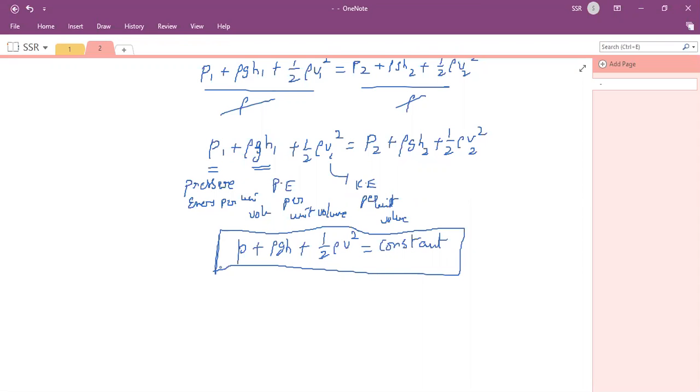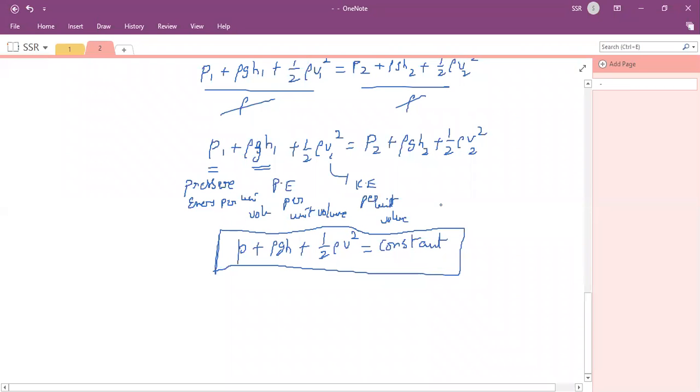That means the statement I said: when an incompressible non-viscous fluid flows steadily, the sum of the pressure energy, kinetic energy and potential energy per unit volume of the fluid remains constant at all points of the path of the flow. That means at point 1, at point 2, we proved that at the starting point and ending point. Okay, are you able to clear this point?